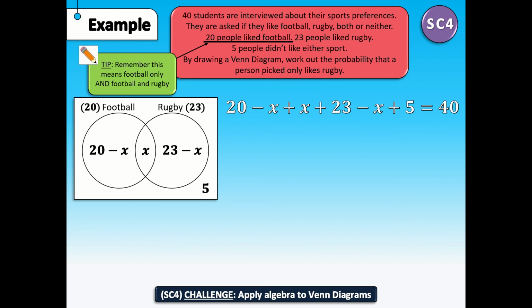Now we know this is out of 40 students, so when we add all these together, it needs to equal 40. 20 plus 23 plus 5 would be 48. And minus x plus x minus x would make minus x, and that equals 40.